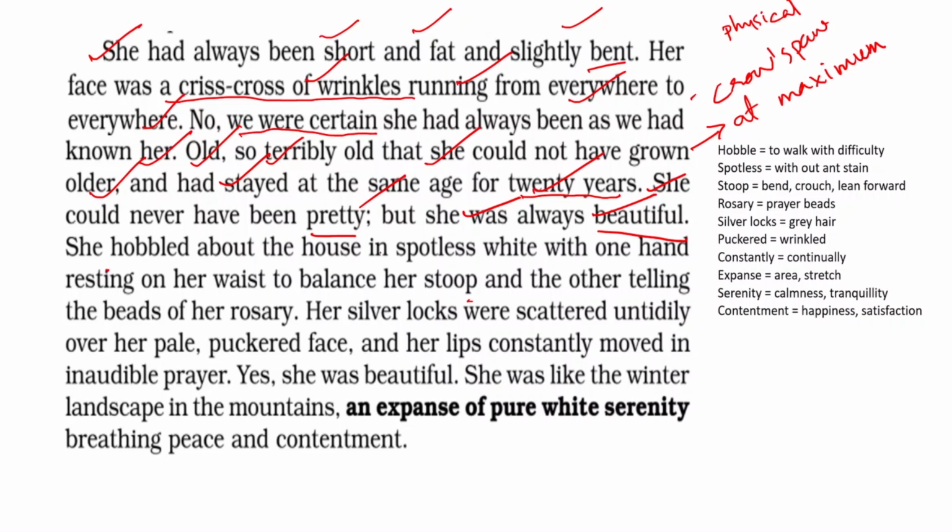She hobbled about the house in spotless white, with one hand resting on her waist to balance her stoop, and the other telling the beads of her rosary. He further describes the grandma that she hobbled about the house.